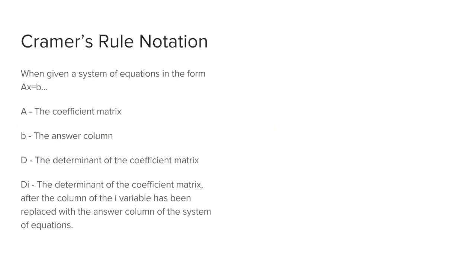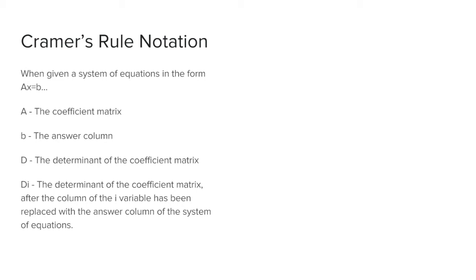So the notation for Cramer's rule is pretty basic. If you put your system of equations in the form Ax equals B, A is your coefficient matrix, B is your answer column, then D is just the determinant of your coefficient matrix, and for Di, this is really the only slightly complicated one.